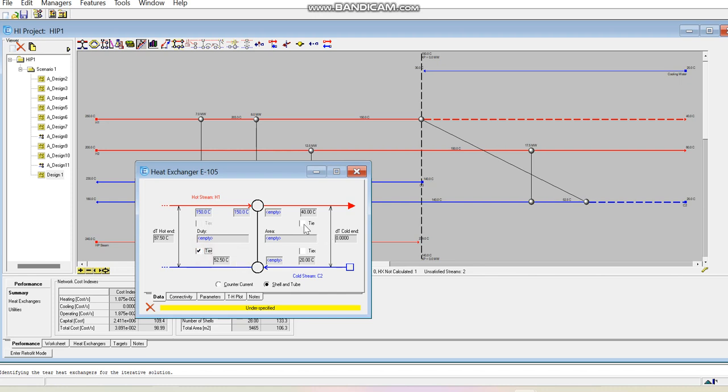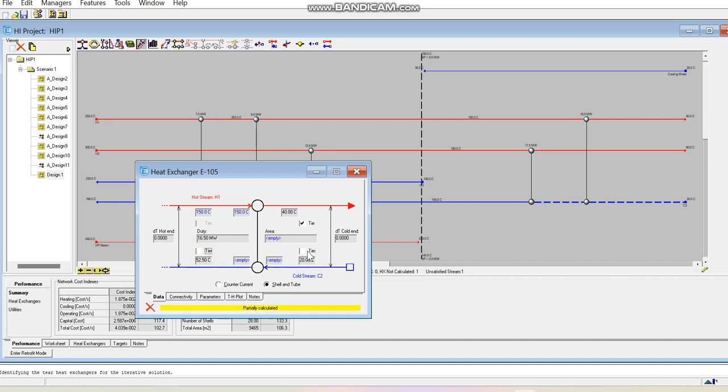And let's suppose I say that it is leaving at 40 degrees C. So if it leaves at 40 degrees C, it has to transfer 16.5 megawatt. So in order to take the 16.5 megawatt heat, the cool stream inlet temperature must be minus 30 degrees C. However, it is not minus 30 degrees C, it is 20 degrees C. So I will just uncheck this.